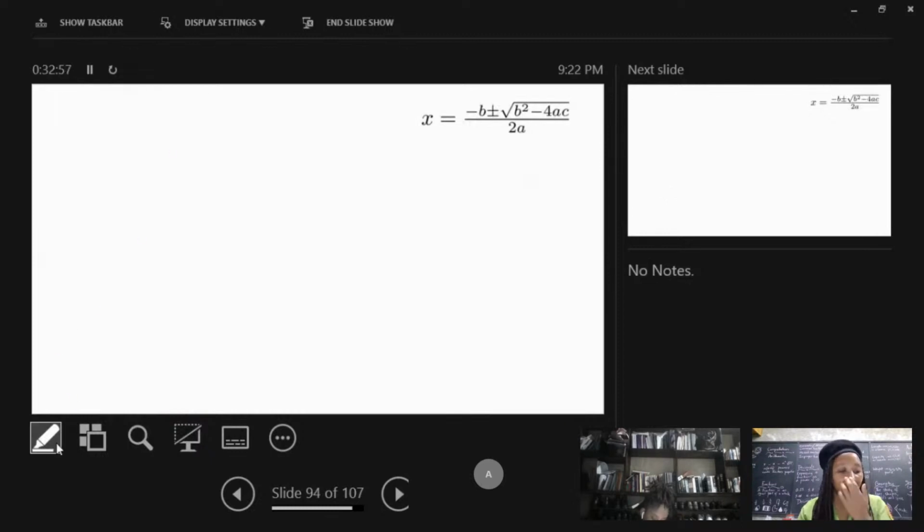All right, Asar, your last one. So we have x squared plus 9x minus 36.